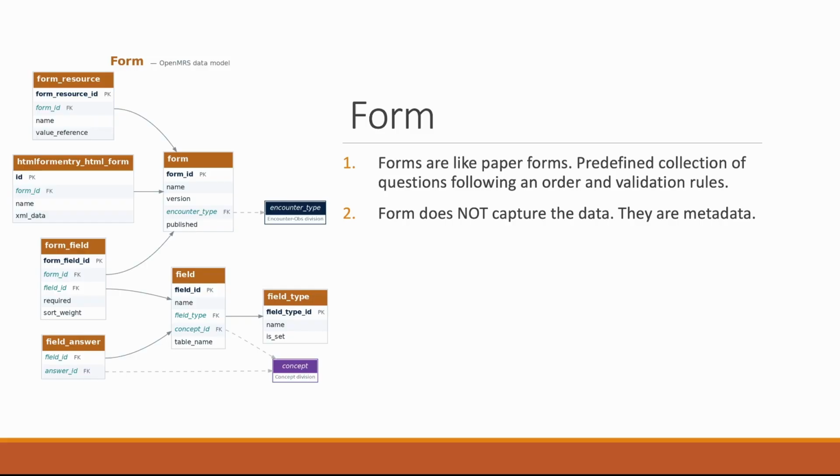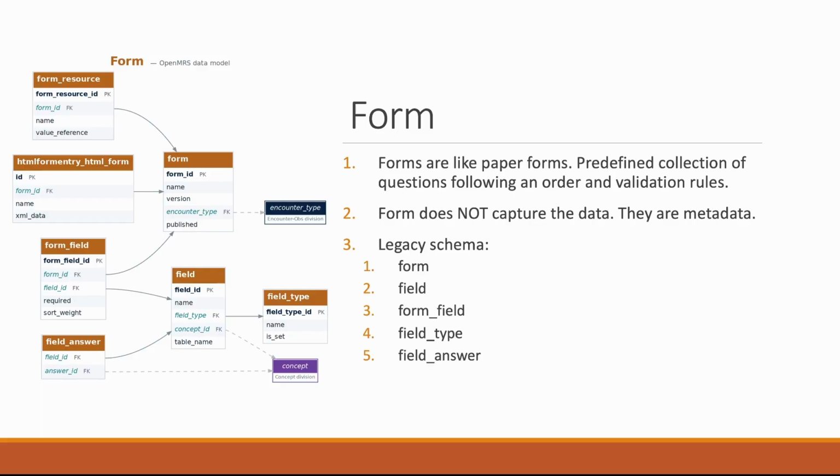Every field has a certain field type, and for every field you may have certain allowed answers. So you can define this whole collection as a single form in multiple tables, and this can be rendered on OpenMRS's UI in different modules, or also fetched from the REST API to populate your own custom forms.